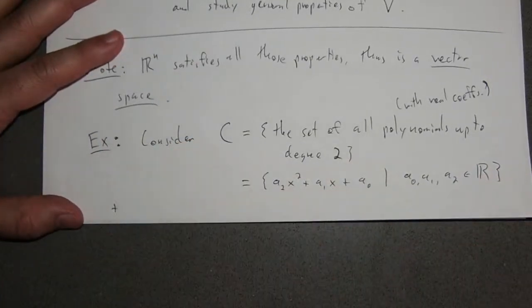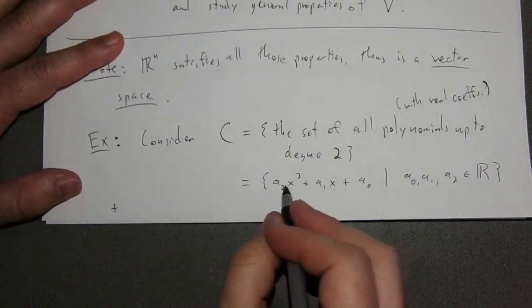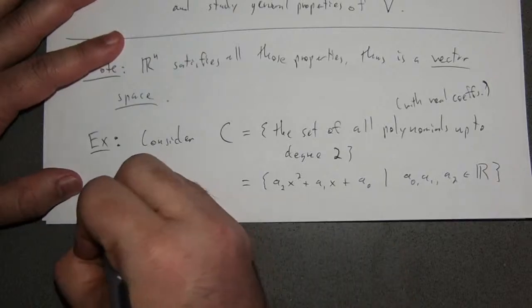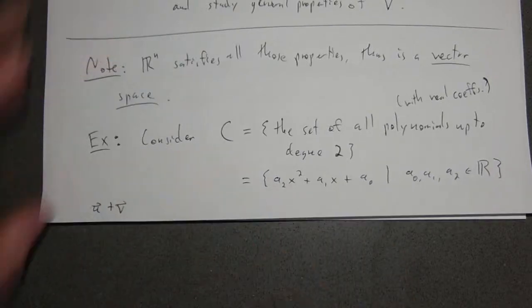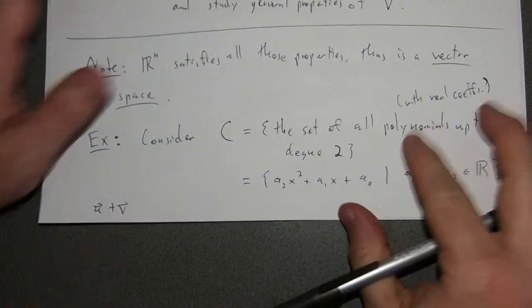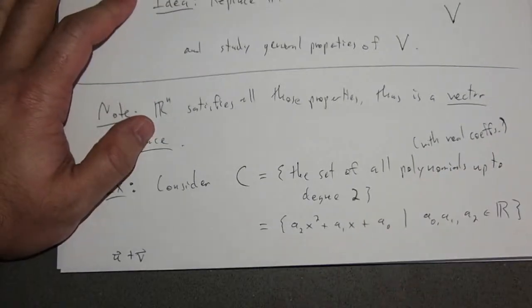So what's plus here? What would a vector look like here? I have vector sum u plus v, but how do I describe a vector of polynomials up to degree 2?